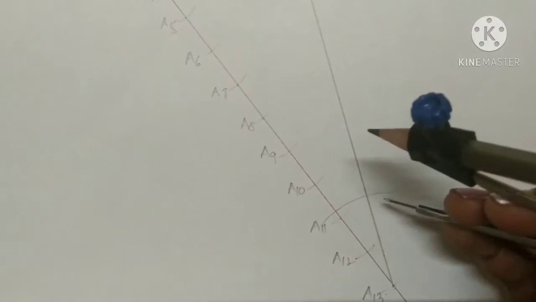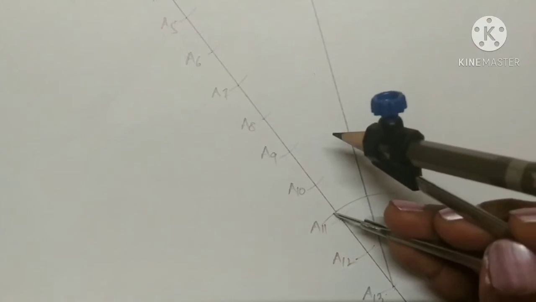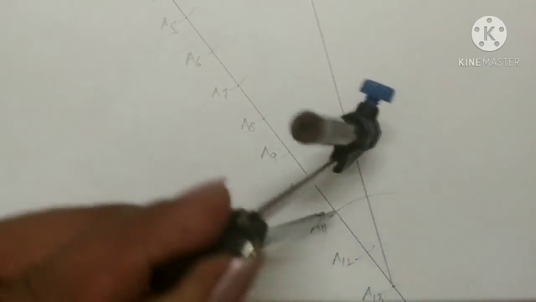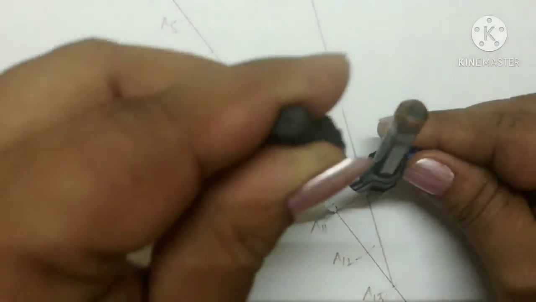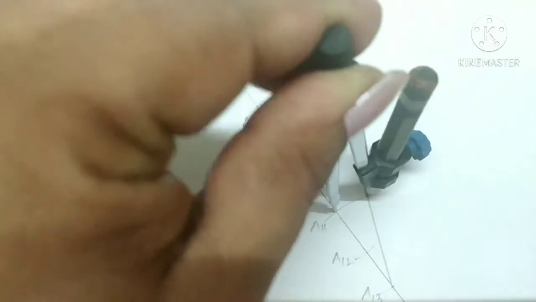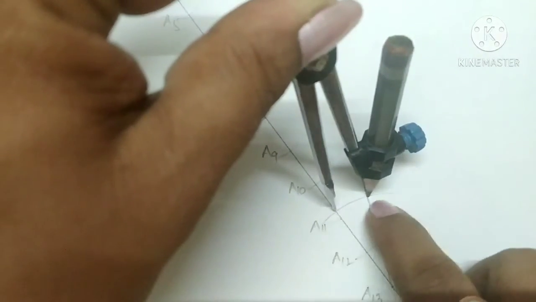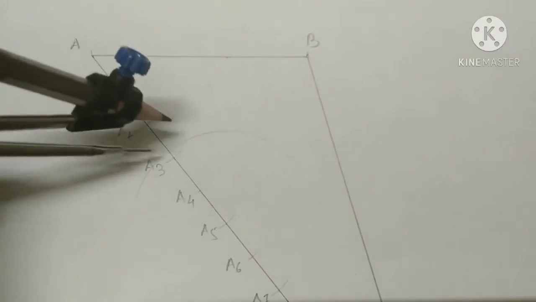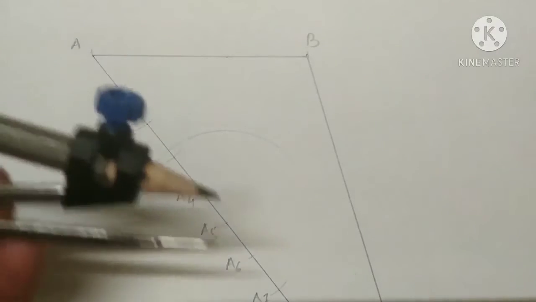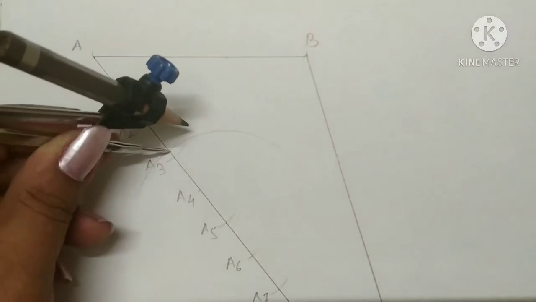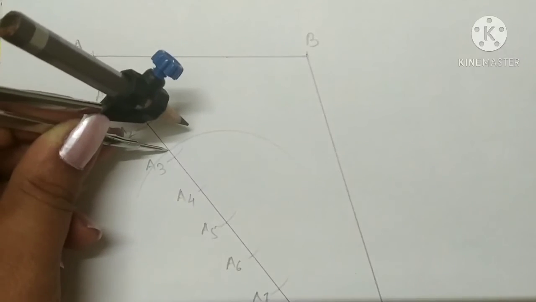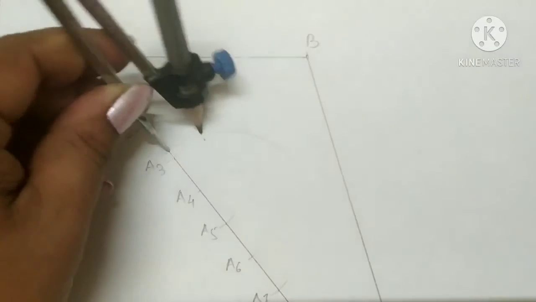Now taking this point where the arc has intersected the ray as the center and the radius that we have taken now, we will draw another arc which is intersecting the previous arc at some point.